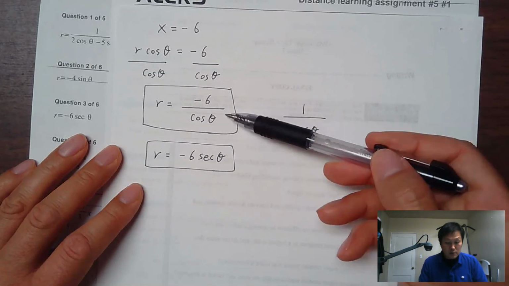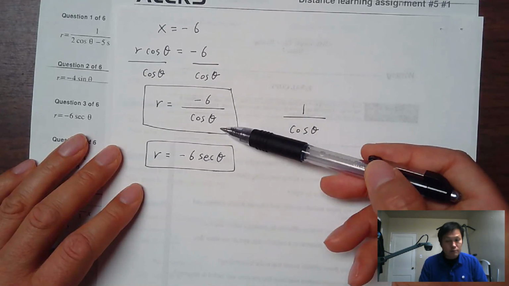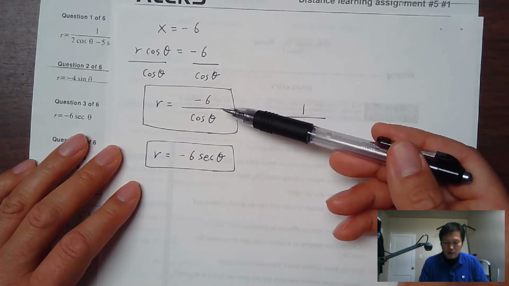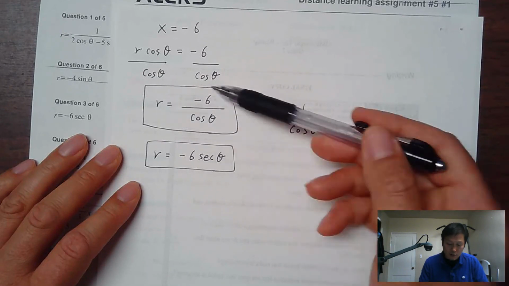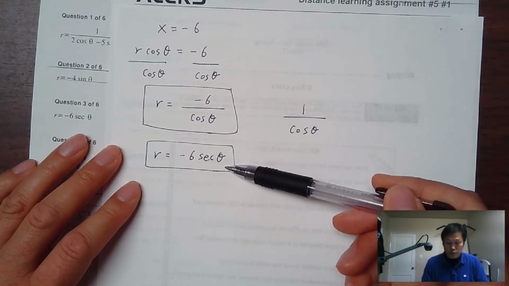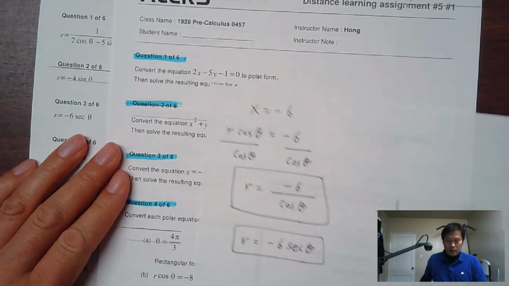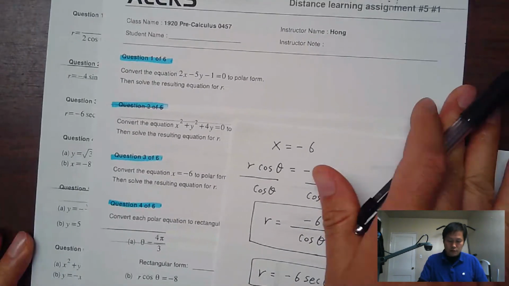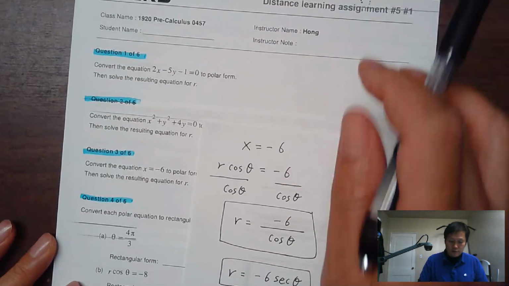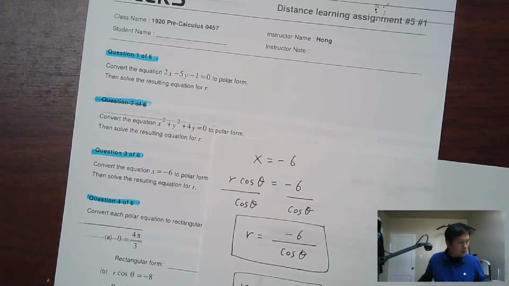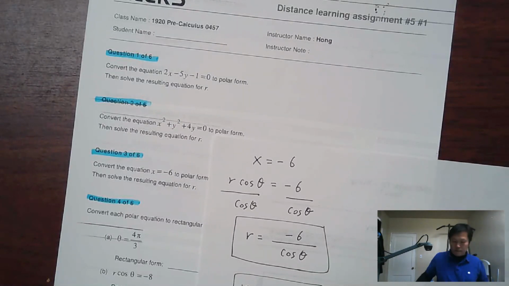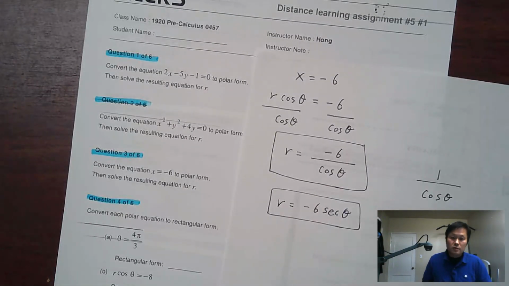This should be a correct answer, but in case the ALEKS software recognizes that as wrong, then you do want to write secant theta instead of 1 over cosine theta. That should get you ready to finish that first portion of the assignment, and please continue watching the second part of the video.